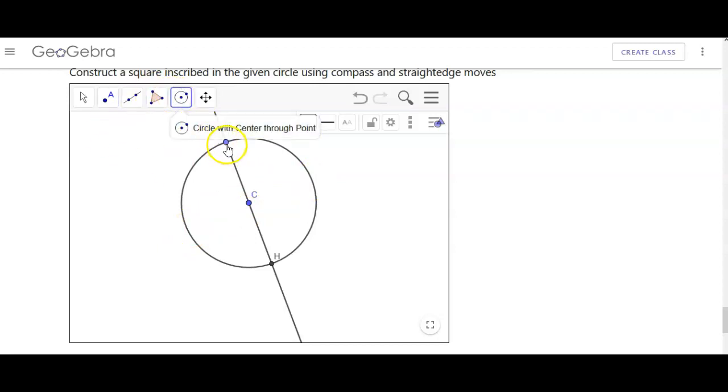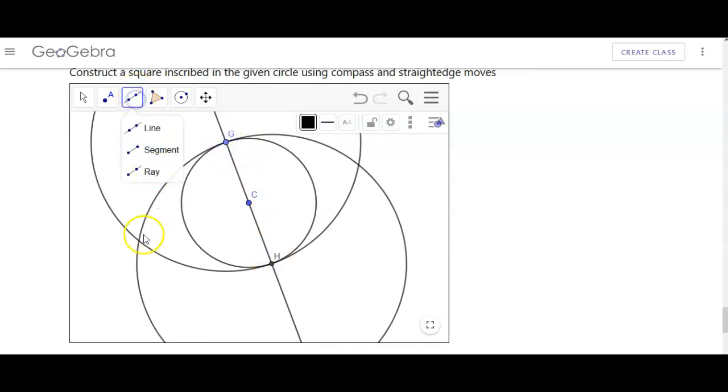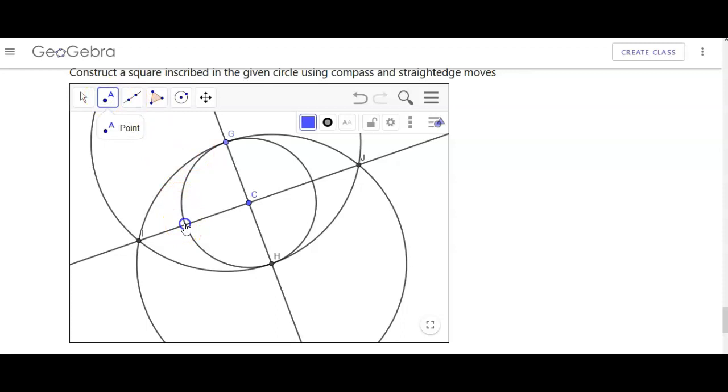So this is basically just the eyeball construction. You're creating your 2 circles, you're drawing your line through those intersection points, and once you have those 2 intersection points, now you can see where those lines cross the circle, and those are the 4 corners of our square.